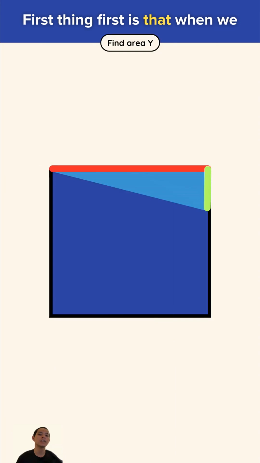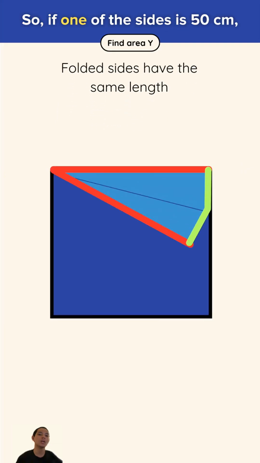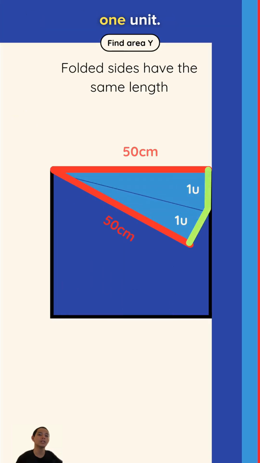First thing is that when we fold something, as we see over here, folded sides have the same length. So if one of the sides is 50 centimeters, then the folded side over here will also be 50 centimeters. If one of the other sides is 1 unit, then the other side is also 1 unit.